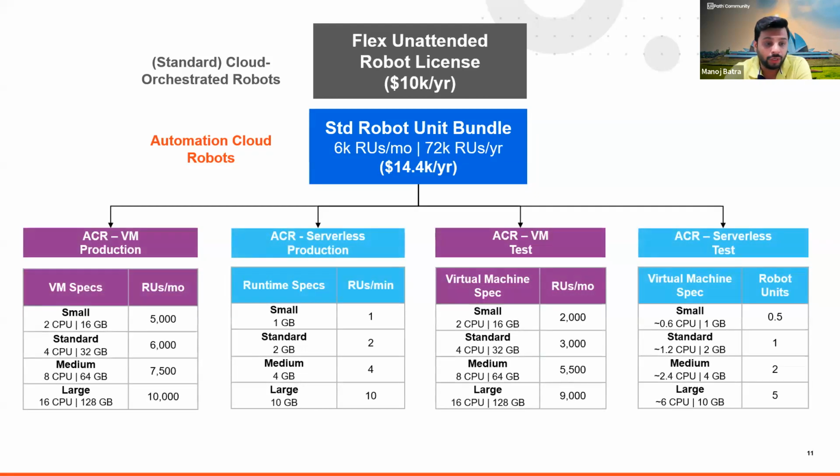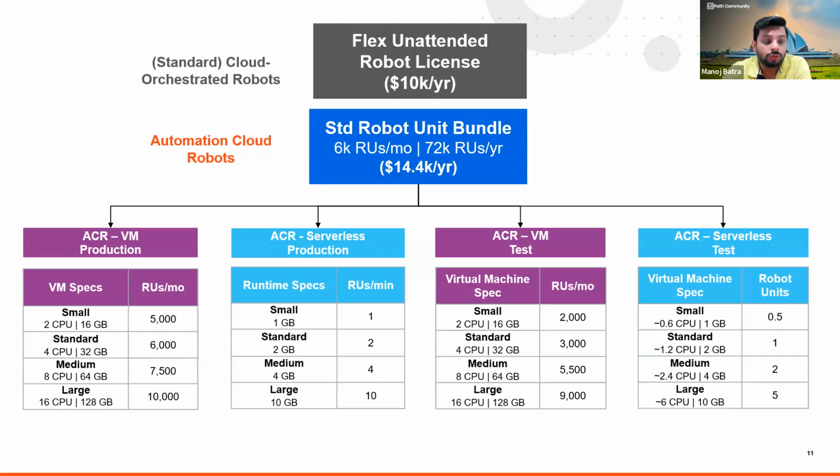If I give you a brief on how this gets calculated, we will also see that in the demo. So these are the robot units. On the extreme left, we have ACR VM production, which means how much robot units will get charged from your account.